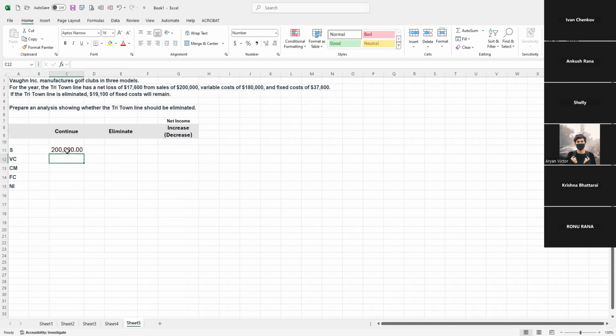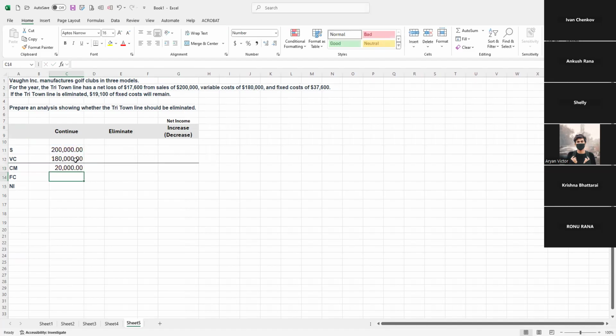How much will be my variable cost? 180,000, right? How much will be my contribution margin? Sales minus variable cost, 200 minus 180, it's going to be 20,000.